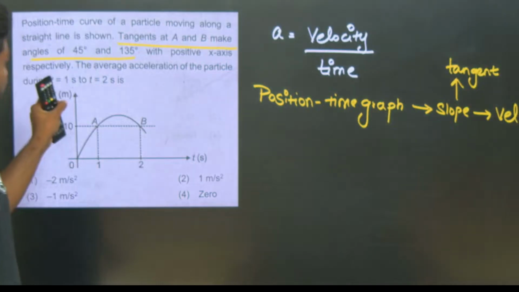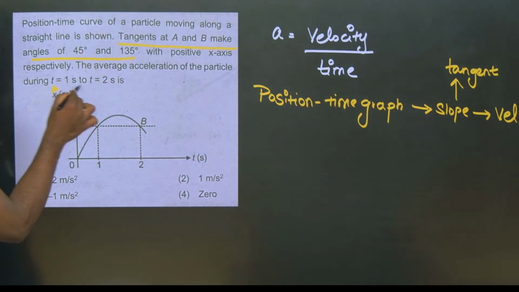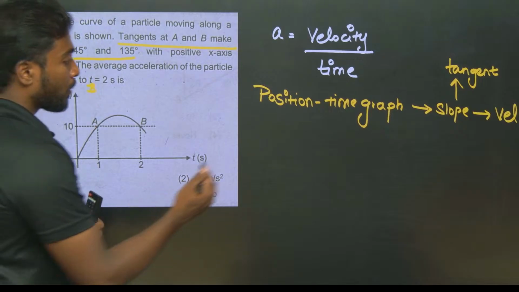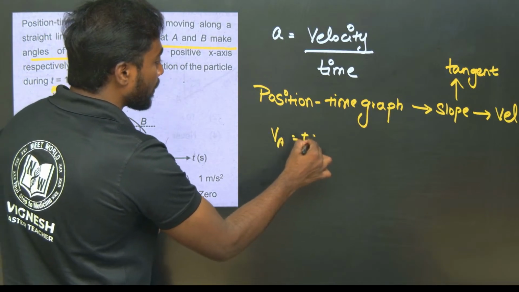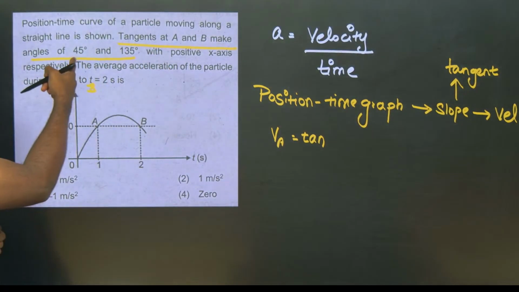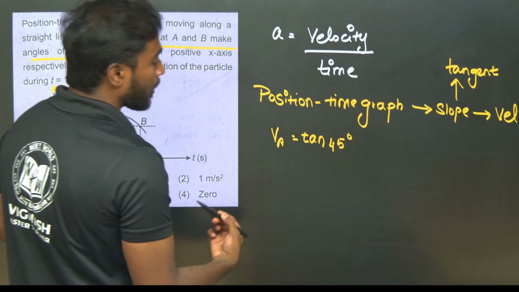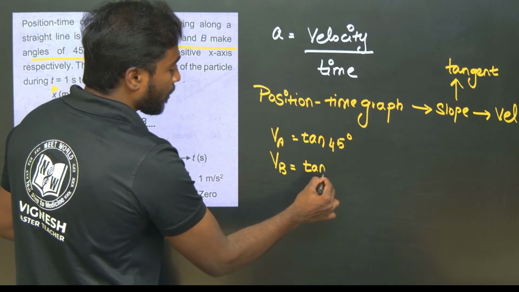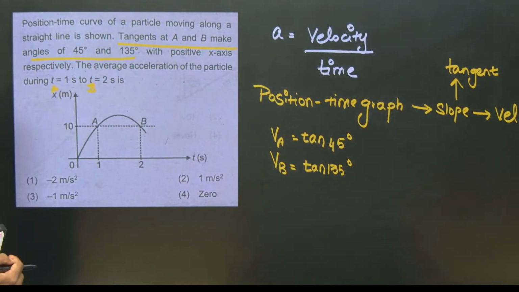The times they have given are t1 and t2, the time at A and the time at B. Now the velocity at A is equal to tan 45 degrees, and the velocity at B is equal to tan 135 degrees.